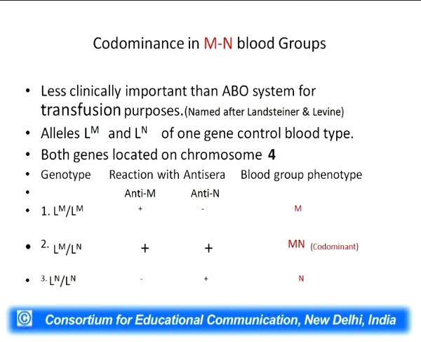It would be pertinent to tell the students here that we are only familiar with blood group A, B, AB and O, but one should remember that they belong to just one blood group system, which is the ABO system.